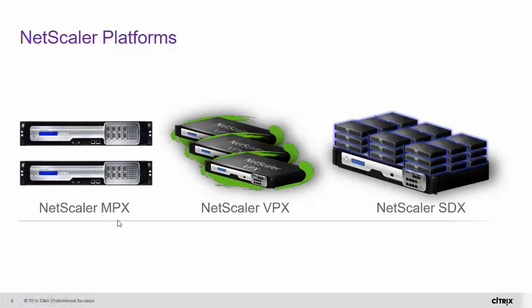The configuration of MPX and VPX is almost the same. The only difference is that different MPX models are available in the market, so according to your requirement you can purchase a particular model. The difference between those models is only the throughput, but the configuration is the same. The third one is the NetScaler SDX. SDX is a hardware box on which we can install multiple virtual appliances. So we have these three types of NetScaler platform.